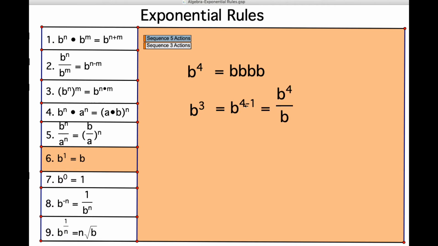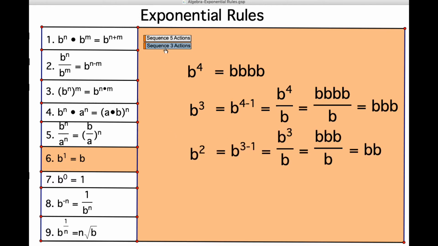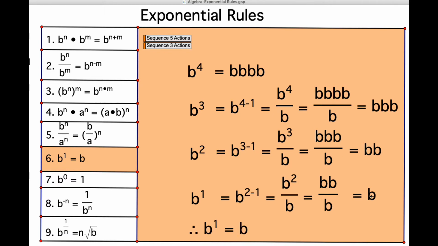And I know this from looking at rule 2, because 3 is 4 minus 1, which I can then represent as b to the 4 over b, which gives me 3 b's. Using the same logic, I can say that b squared will become b times b, and b to the 1 would simply be b. Therefore, b to the 1 is b, and this is true for all bases not equal to 0.